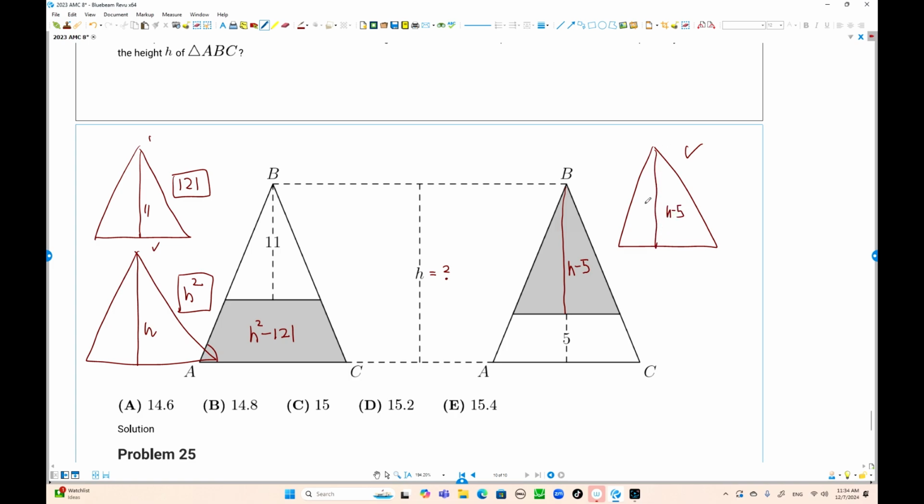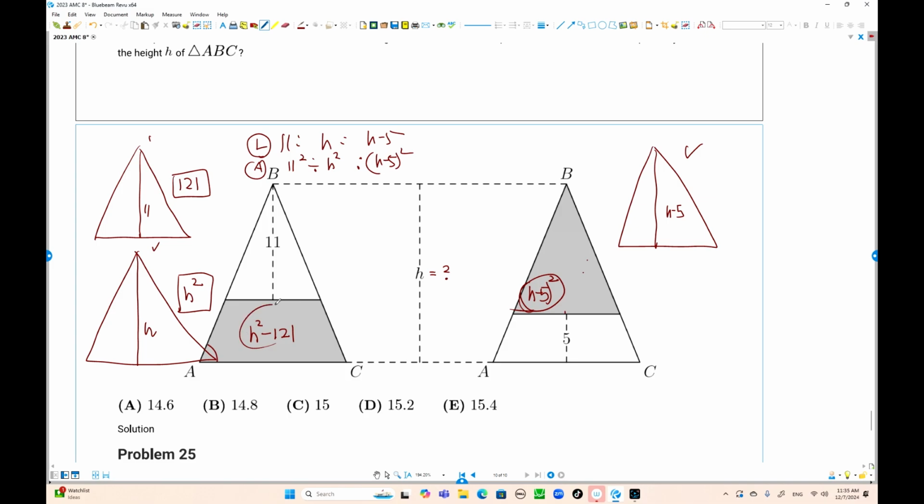What is this area? I'm going to use 11, h, h minus 5. That's the ratio of the length. The ratio of areas is 11 squared and h squared. This one is h minus 5 squared, right? This area is h minus 5 squared.